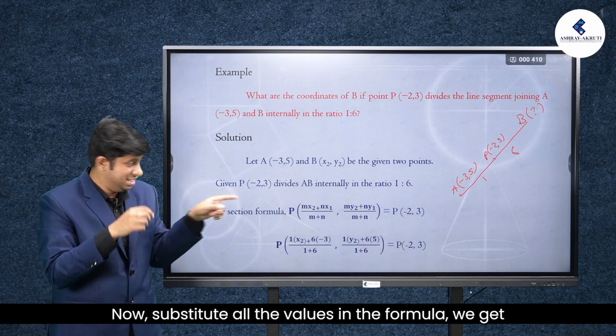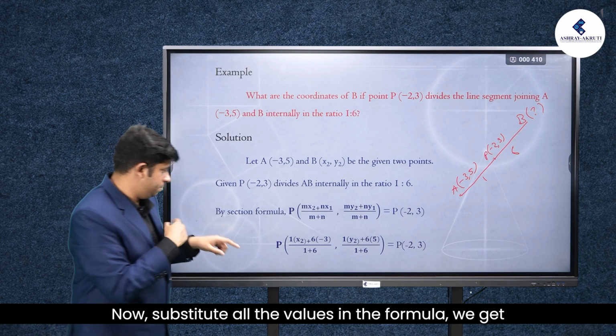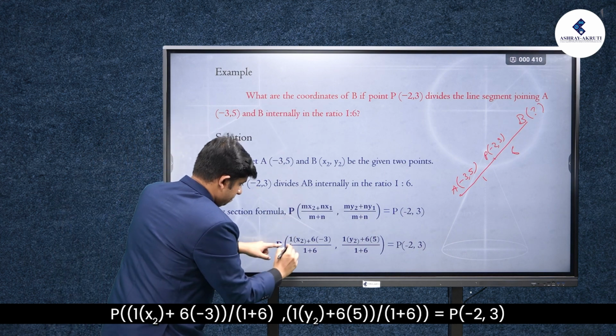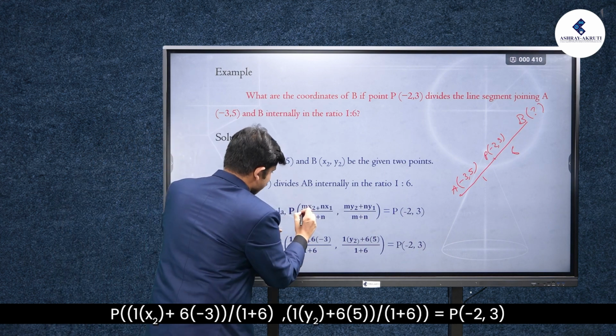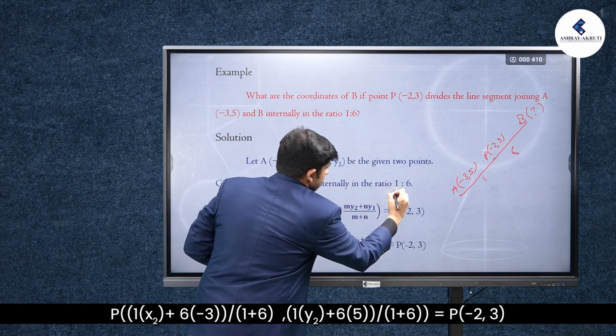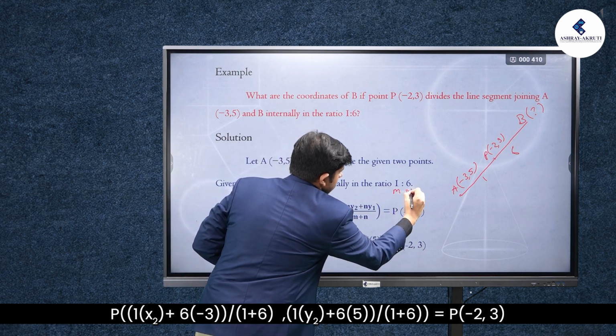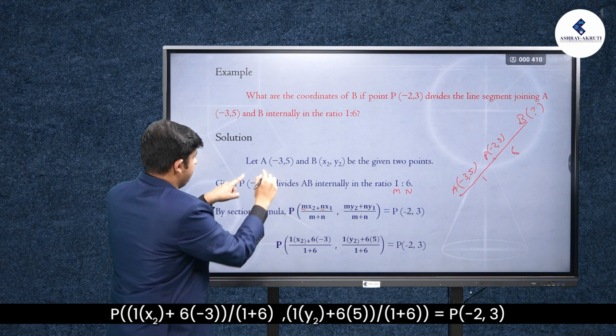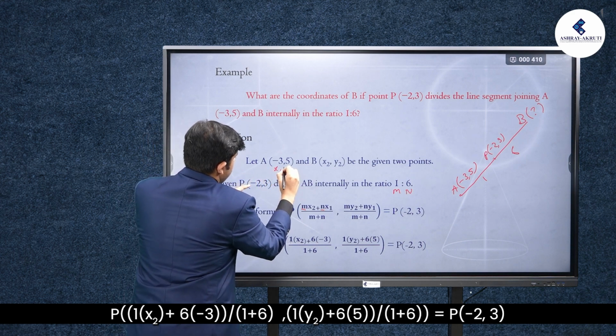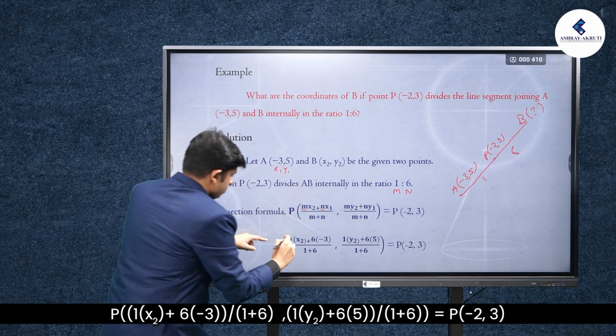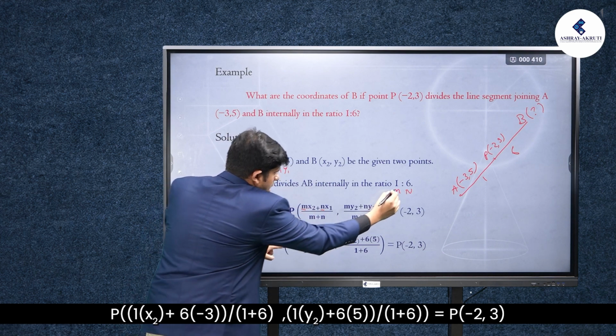Now substitute all the values in the formula. We get P of (1x2 plus 6 into minus 3) by (1 plus 6), comma (1 into y2 plus 6 into 5) by (1 plus 6), is equal to P of minus 2, 3.